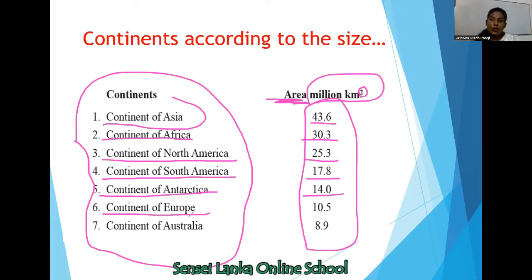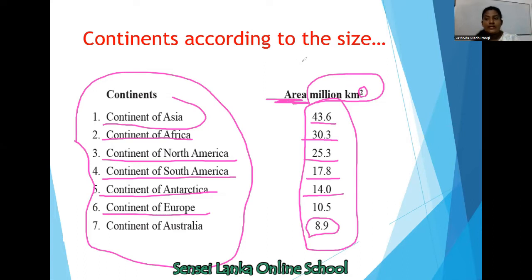So what is the smallest continent, the smallest member? Australia. Australia is a single country and a single continent. It's the smallest one, 8.9 million square kilometers. See how small? So you have to remember this for the purpose of the exam.